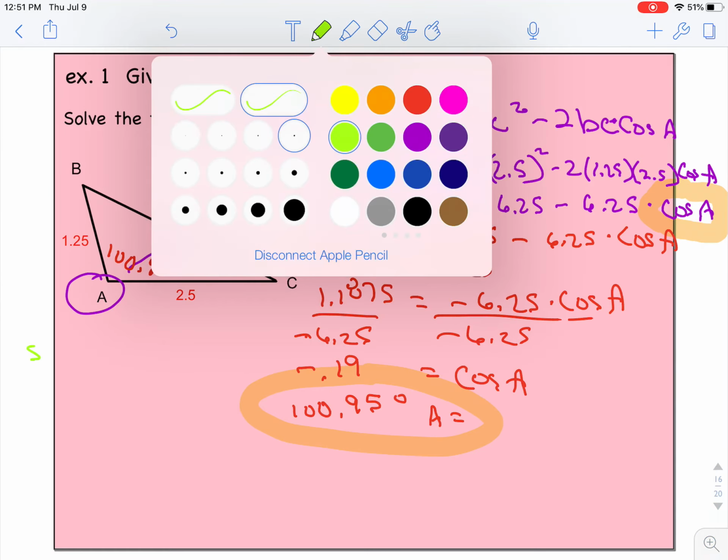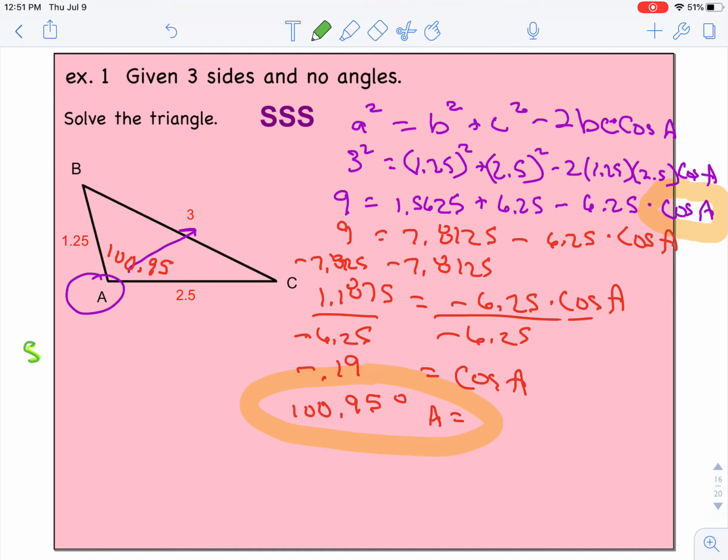But now I can set up the sine of angle A, 100.95, over 3 is equal to the sine of B over 2.5.